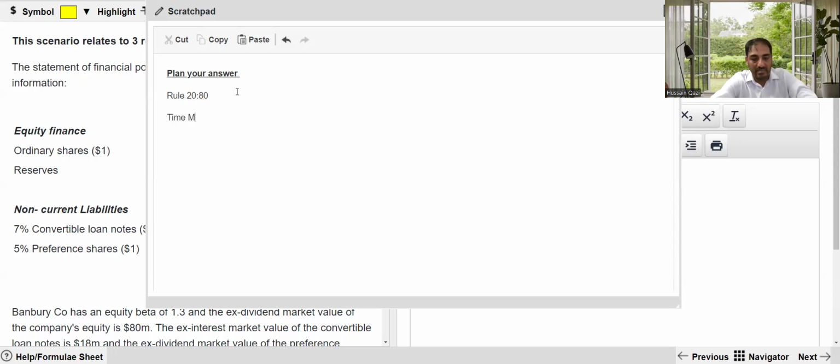That's called time management. 20% of the time you have to invest for planning, understanding, and brainstorming. You have 1.8 minutes for each mark. Multiply by 4, as you are attempting a 4 marks question. So that means you have 7 minutes. 20% of the time means an average of 2 minutes.